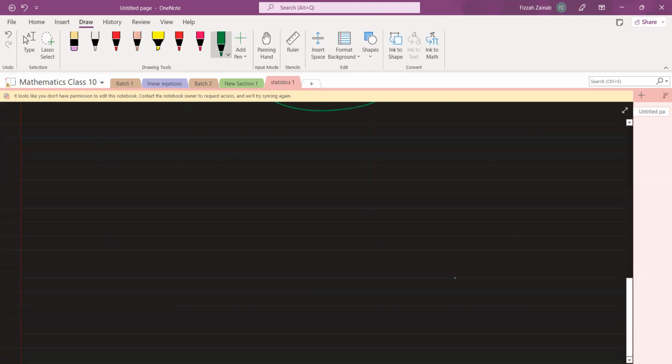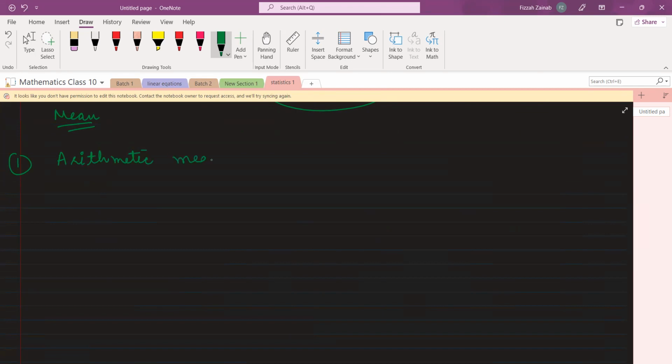Now how to find average or mean? You will be coming across the term mean, not average. So first thing is arithmetic mean. Mean or arithmetic mean is the same thing. We sometimes write it just mean.